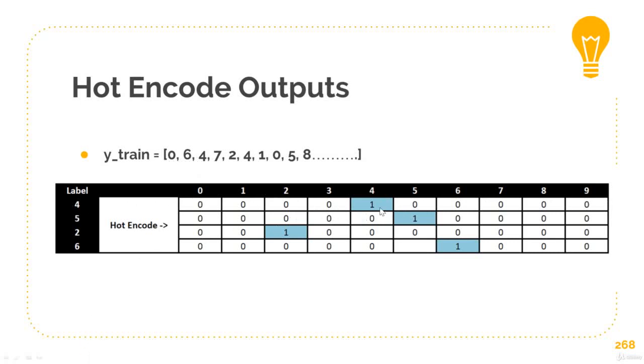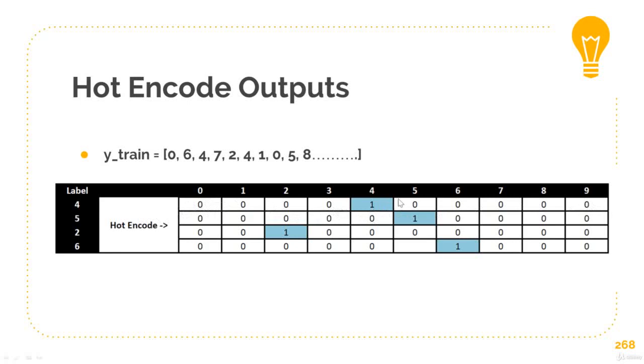And each row has basically a 1 or a 0 indicating which label it is. So let's look at this. This is the 3rd row here being transformed into this. So instead of having this row be 4, hot one encoding makes it into this. I hope you understand clearly.